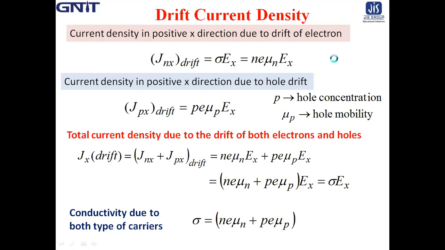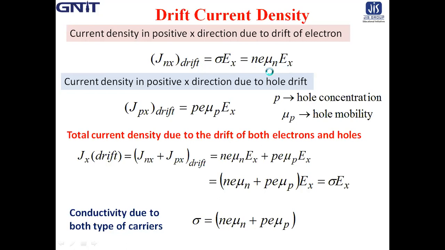Then the current density in the positive X direction due to the drift of electrons only is denoted as, say, Jnx drift, which is rho into Ex, the X direction electric field, which is basically N e mu n into Ex.